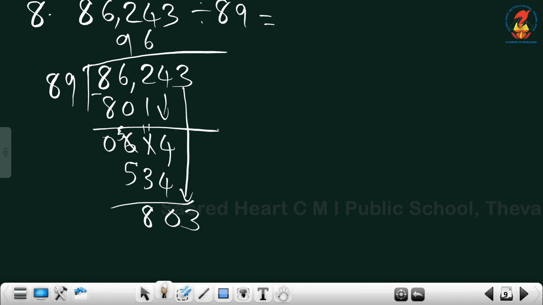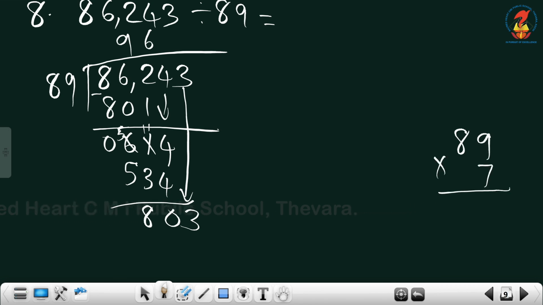Okay, and 89 into which number equals what? 89 into 7, 7 nines are 63.